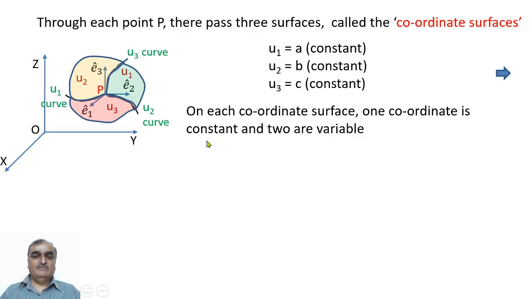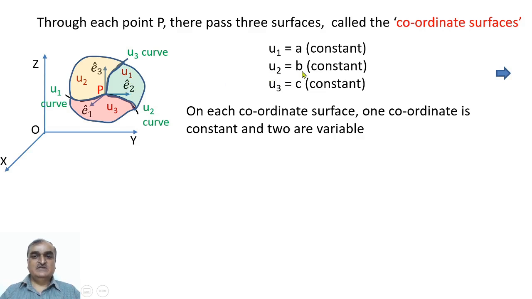In the same way, in the general curvilinear coordinate system, if u1 is held constant and u2 and u3 are allowed to vary, then we get the u1 surface. This is symbolically shown here, this u1 surface. On this surface, u1 is constant.